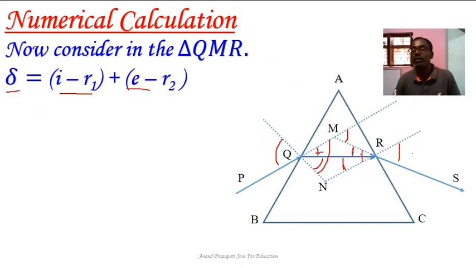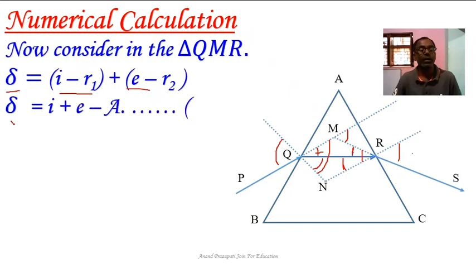We know that exterior angle in a triangle is equal to the sum of the opposite interior angles. Let's see. Delta equal to I plus E, and already we have proved this one, R1 plus R2 equal to A. Suppose this is the equation number 1.